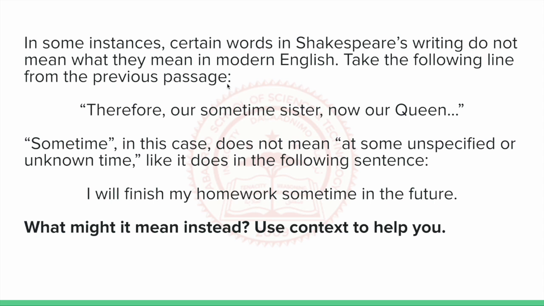Once we see "sometime" later, we'll understand what it means after we figure out its meaning the first time. So these are just two aspects of Shakespeare's unique use of language, and of course there's much more, and we'll dive into this much more deeply once you return. But I just wanted to give you an introduction to how different or unique Shakespeare's writing can be.